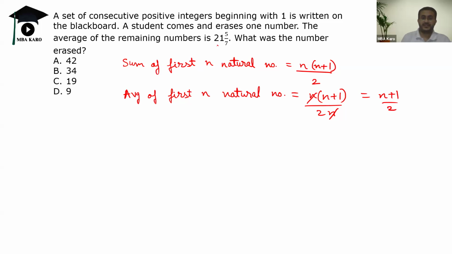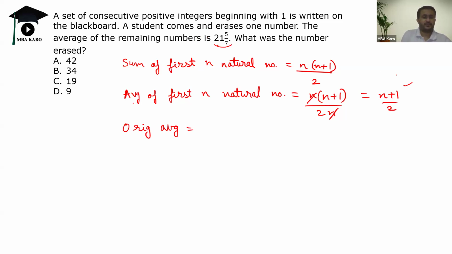So when we say this average, the original average is equal to n plus 1 by 2, right? Now, the average of the remaining numbers is 21 5 by 7. We do not know which number is removed. Some number is removed. So maybe it is a small number, right? If the number is small, the average will increase. If the number is large, the average will decrease. Okay, so I hope this thing is clear.